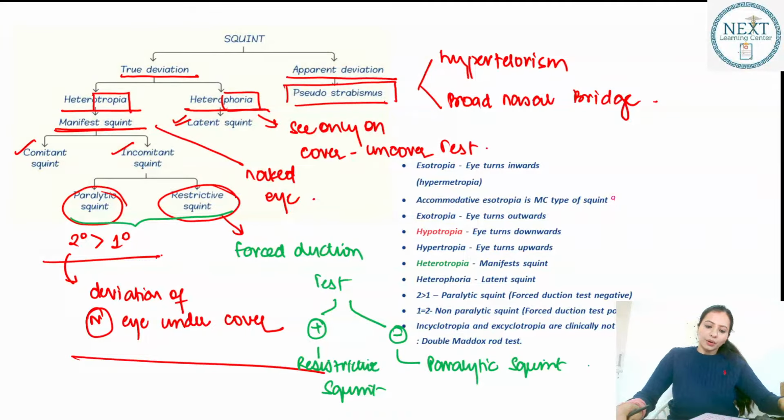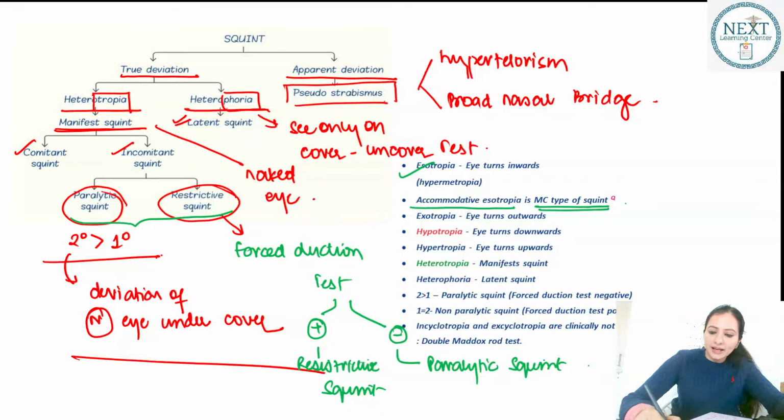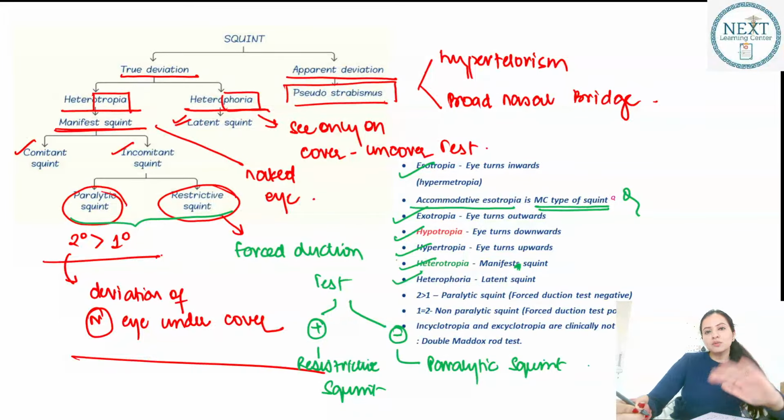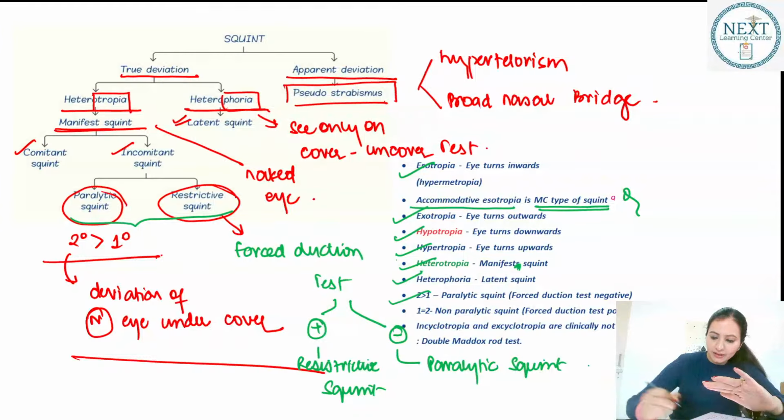Now, esotropia is when your eyeball turns inwards. Accommodative esotropia is the most common type of squint. Exotropia, eyeball will turn outward. Hypotropia, downward. Hypertropia, upward. Heterotropia is manifest squint. Heterophoria is latent squint. Secondary deviation more than primary is paralytic squint.